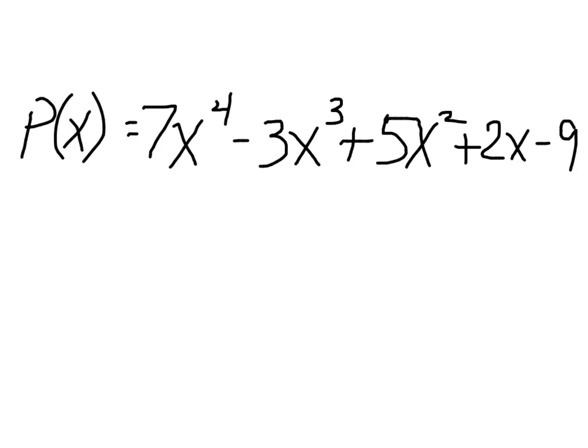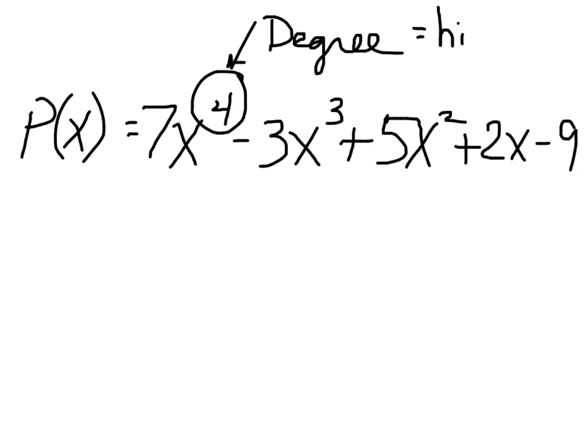Now, there's a couple of definitions that I'm going to explain that you're going to hear me use throughout the chapter. First thing is that exponent. That exponent is known as the degree. The degree is nothing more than the highest exponent, no matter where it's located.